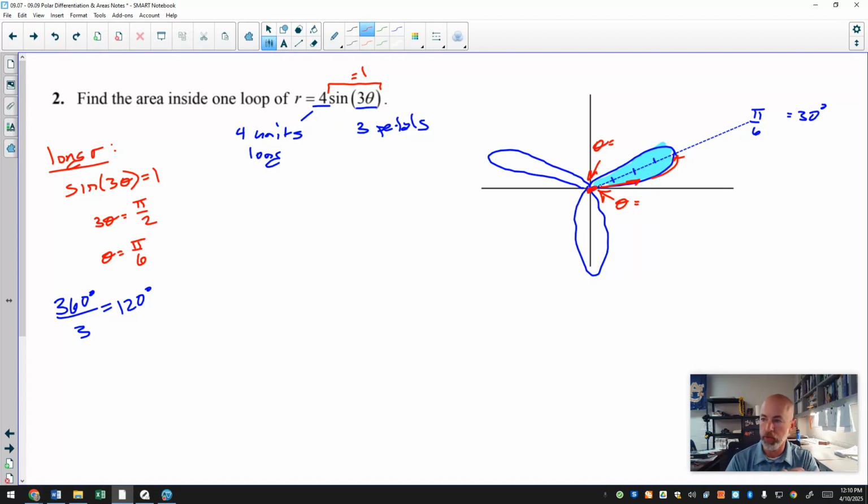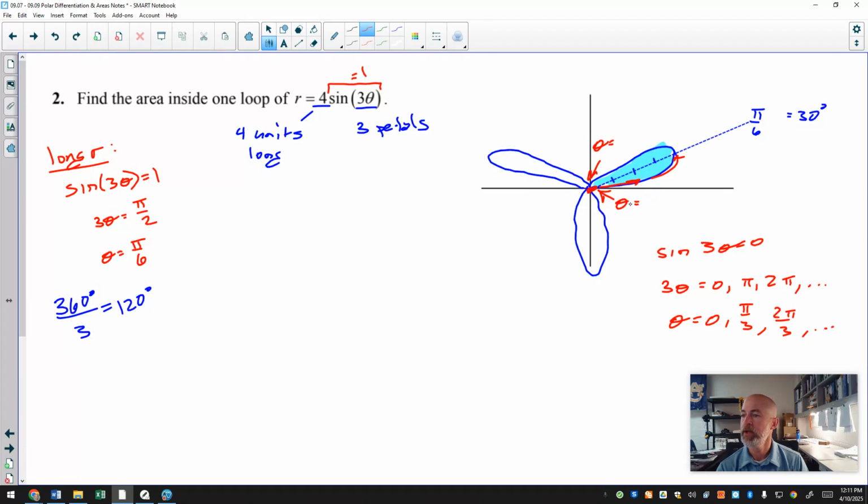If you're on the pole, you are 0 units away, so I'm going to find that spot by determining when sine of 3 theta equals 0. And sine is equal to 0 when the angle is 0, pi, 2 pi, and so on. If you divide that by 3, that happens at the angles of 0, pi over 3, 2 pi over 3, etc. And 0 and pi over 3 are going to be these first 2.